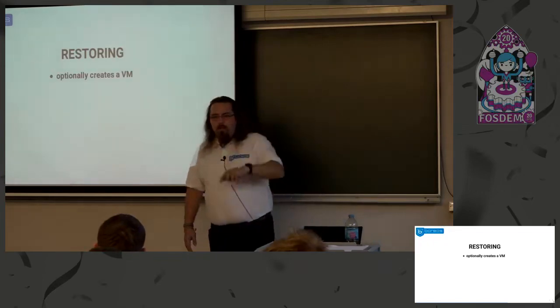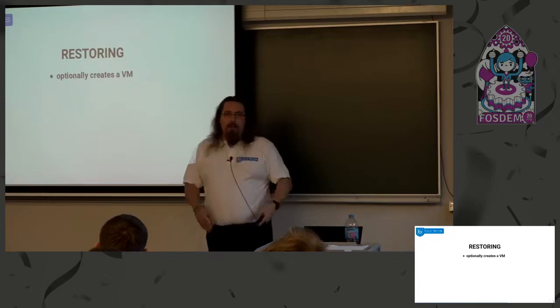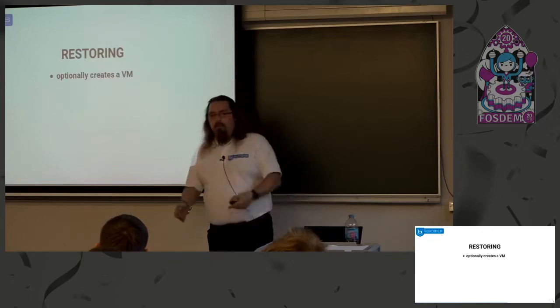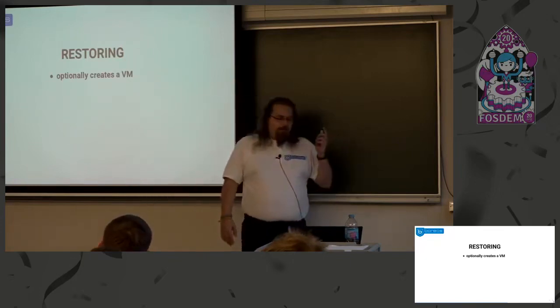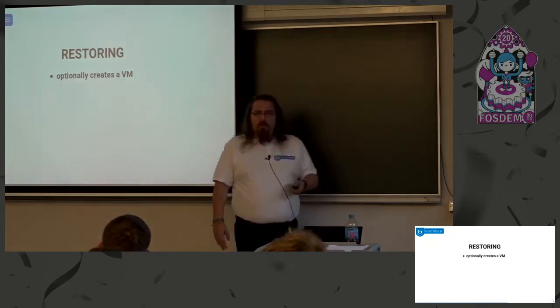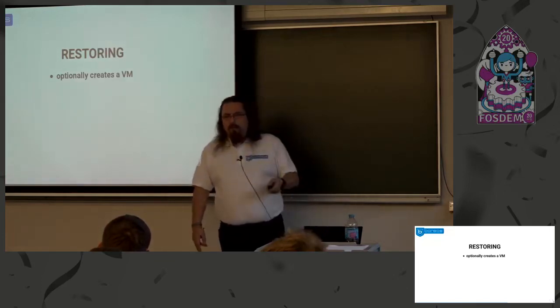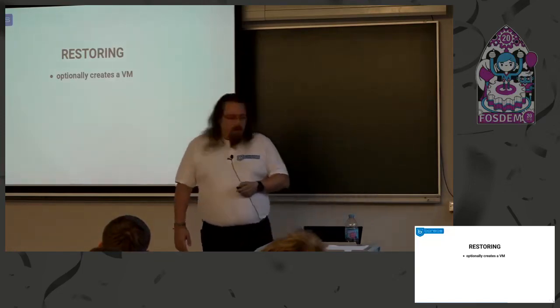If it's not there, it's going to create the VM with a backup configuration. If it's there and you didn't say override, it's going to bail out and say, no, sorry, I'm not going to override your live virtual machine.